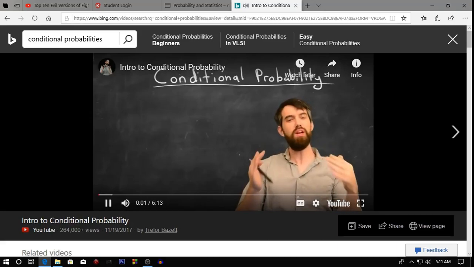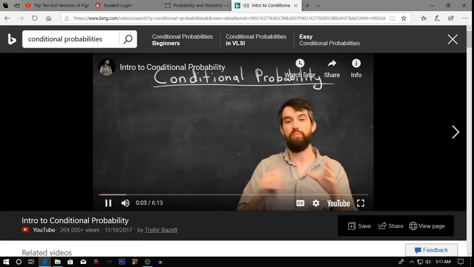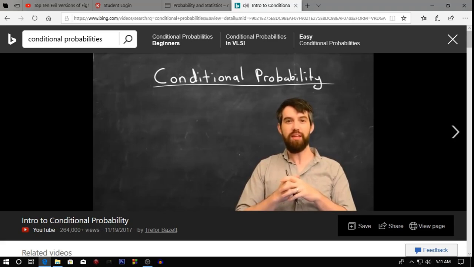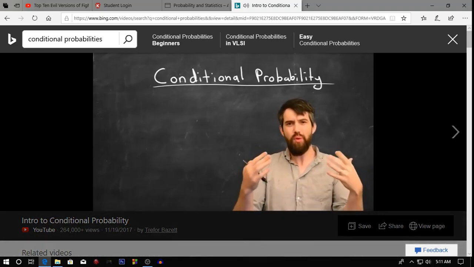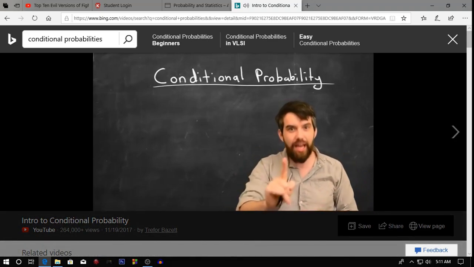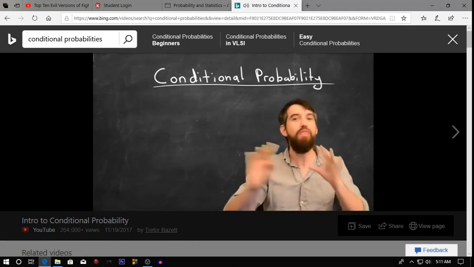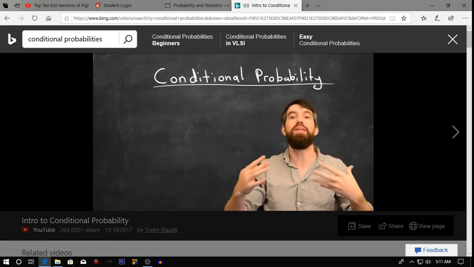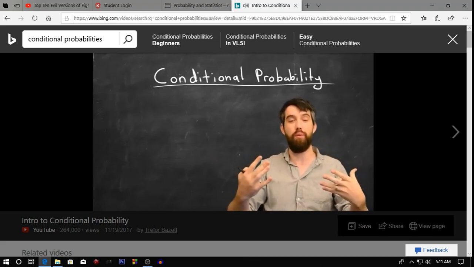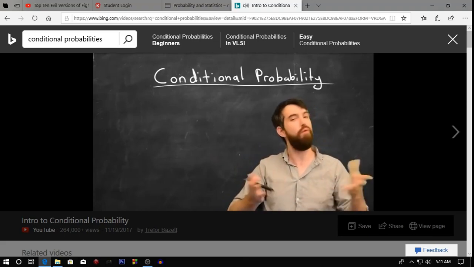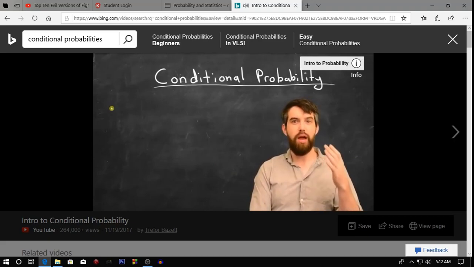In this video, we're going to talk about something called conditional probability. The idea with conditional probability is that we want to figure out the probability of something given that we have some other piece of information that will influence the probability of whatever it is that we're investigating. Now, the way we write this down is with the following notation.